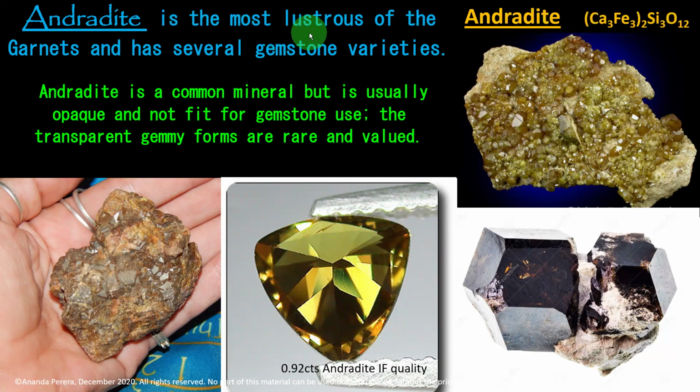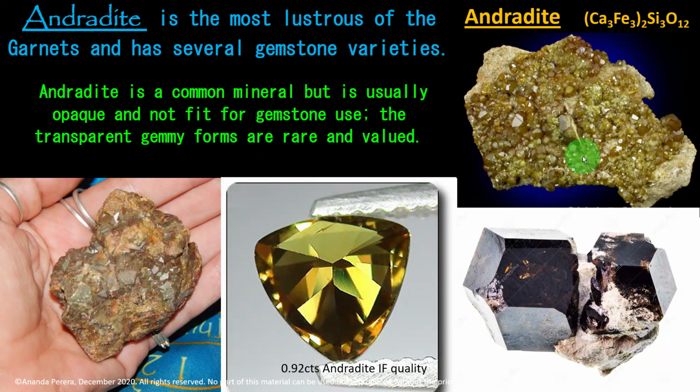Andradite is the most lustrous of the garnets and has several gemstone varieties. Andradite is a common mineral, but is usually opaque and not fit for gemstone use. The transparent gem forms are rare and valued. So that is the andradite quality.